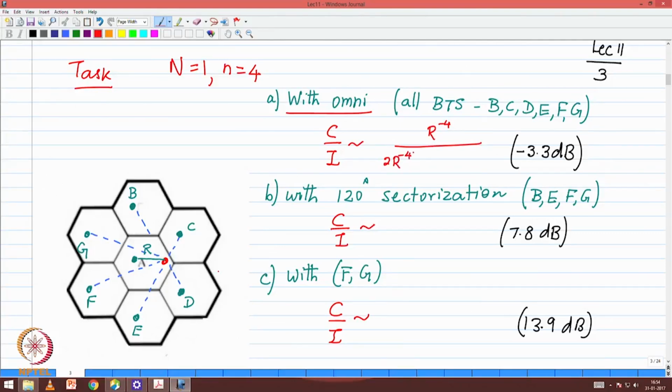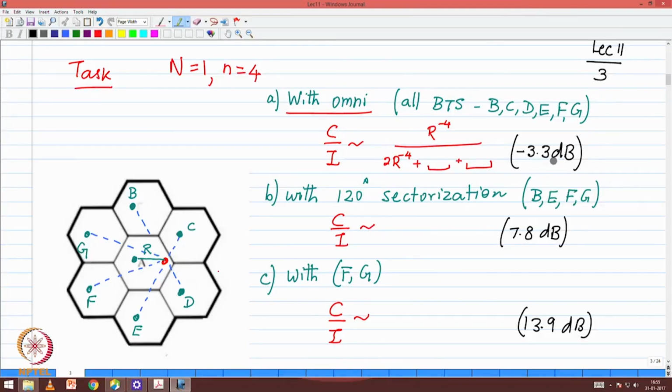Notice that there are 2 base stations, C and D, which are at a distance of R from that. Plus there are 2 more terms which you can compute based on the geometry. But given that your desired signal is being overpowered by 2 interfering signals at the same distance, you expect your C over I to take a very significant hit, which is what it does: minus 3.3 dB.